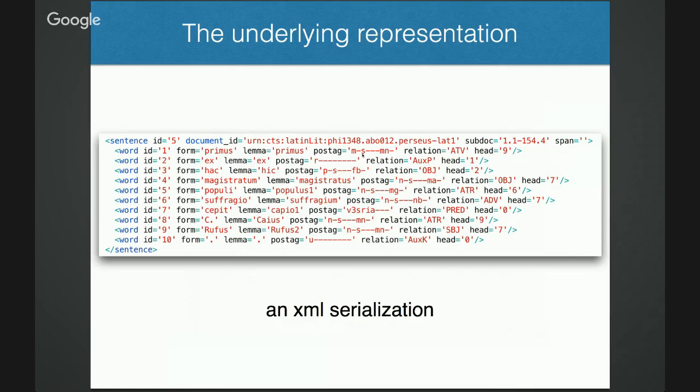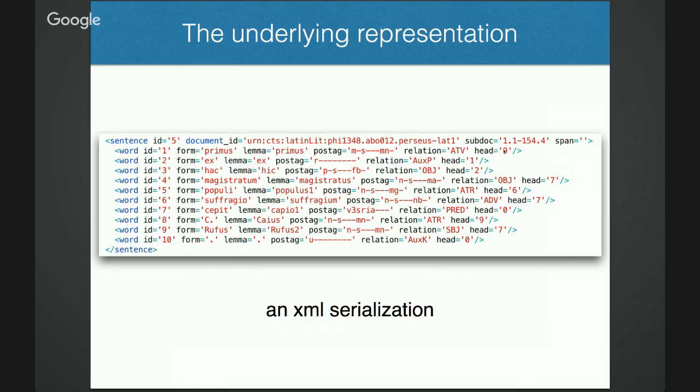Similarly, then you have a lot of words, and each word again is specified by a number of attributes. The form is, of course, the word form, basically the word that we find in the text. Then we have the lemma, and the part of speech tag, which is the morphological annotation. Then we have the relation attribute containing the syntactic label, which says what kind of relationship the dependent has with respect to its governor, in this case Rufus.